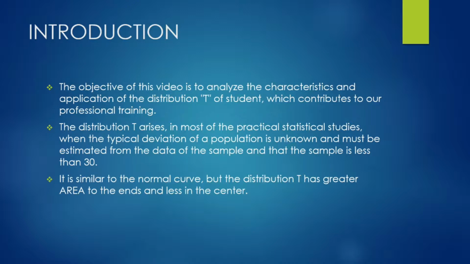The t distribution arises in most practical statistical studies when the standard deviation of a population is unknown and must be estimated from the sample data, and the sample size is less than 30. It is similar to the normal curve, but the t distribution has greater area at the ends and less in the center.